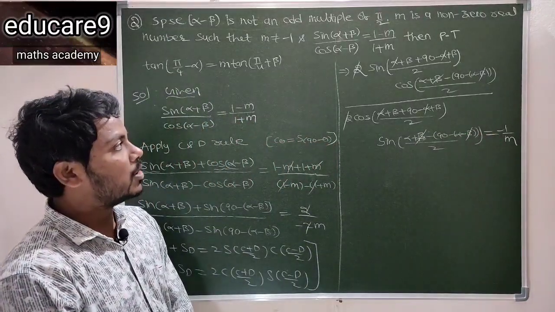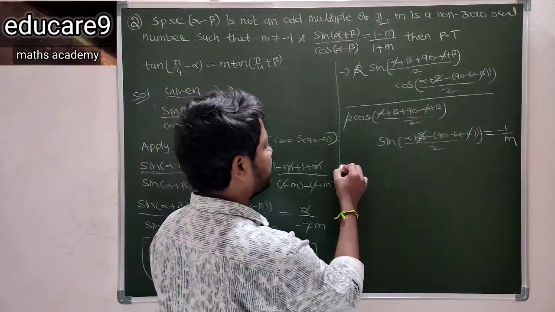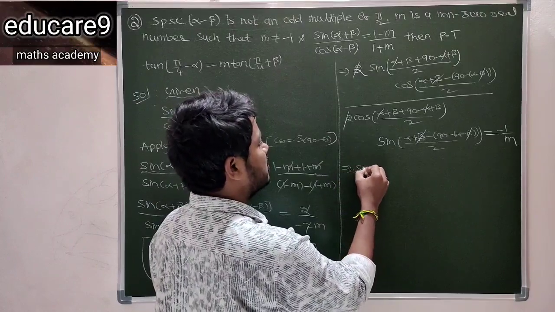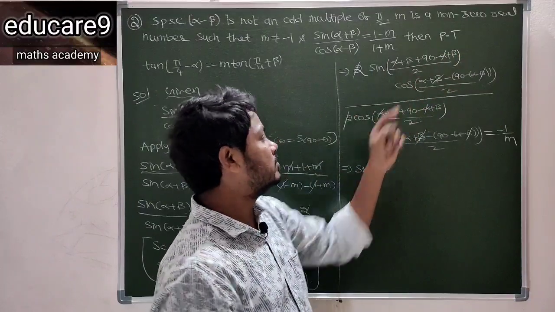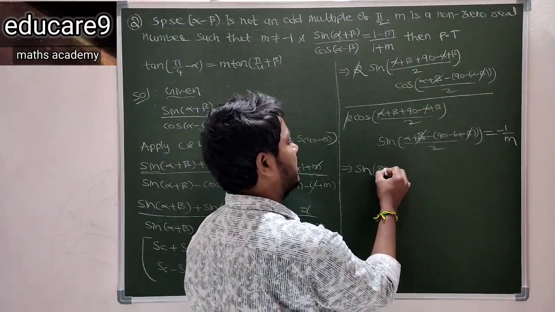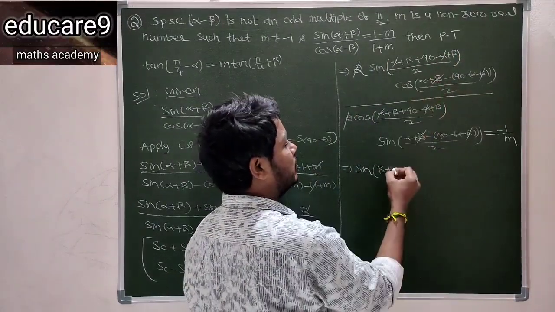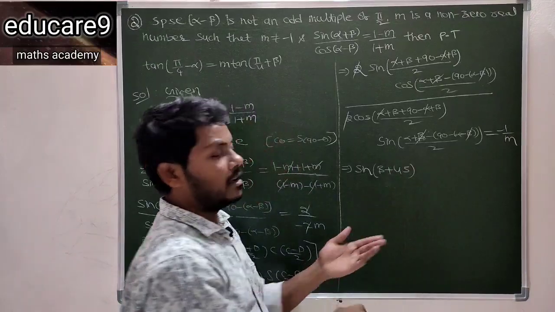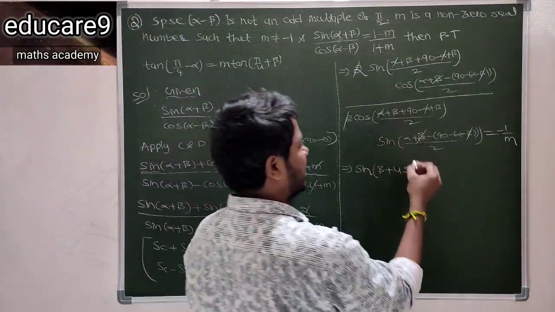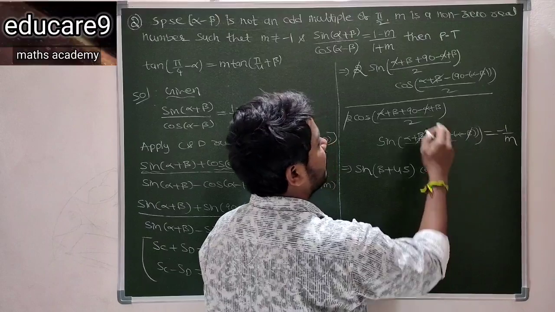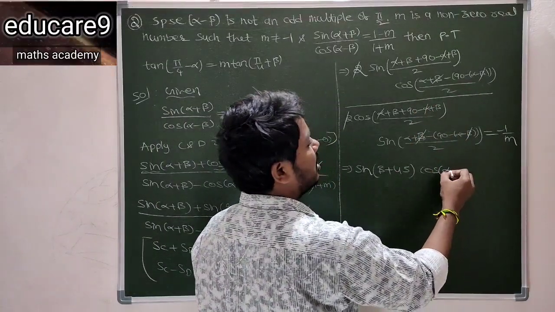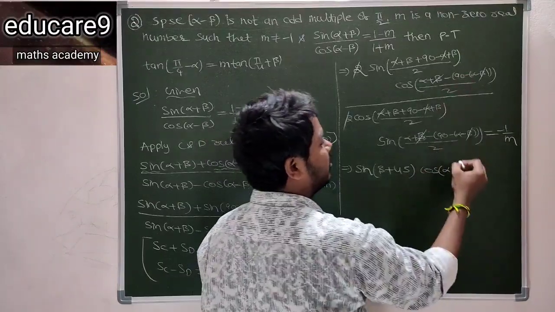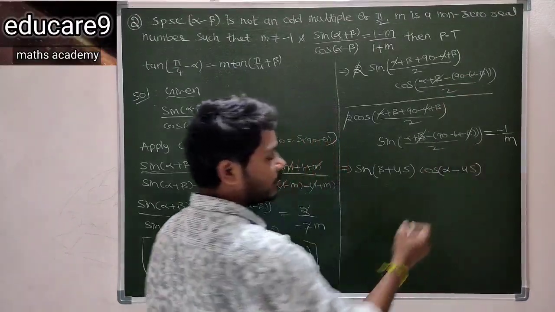Okay. Now this can be written as sin of beta plus beta, 2 beta by 2, that is beta, plus 90 by 2, 45. Sin of 45 plus beta. And the second one, cos of alpha plus alpha, 2 alpha by 2 is alpha, minus 90 by 2, 45.